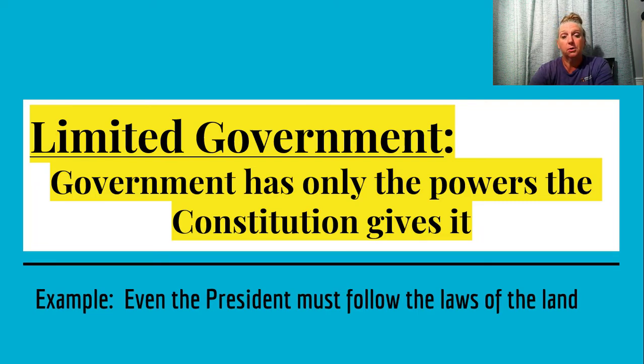So the president can't steal, the president can't hurt somebody, the president can't not pay their taxes. They have to follow the law just like everybody else. This includes congressional members. They all have to follow the law as well. If someone works for the federal government, the law still applies to them even though they work for the federal government.